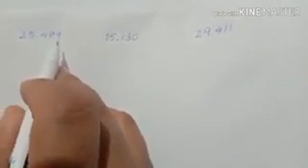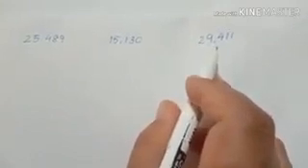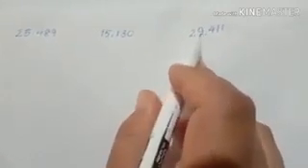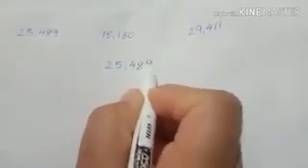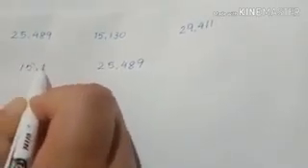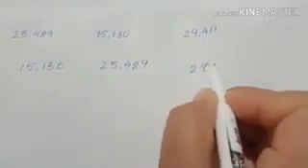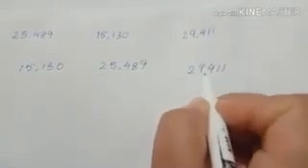Therefore, you can notice that 25,489 is more than 15,130 and it is less than 29,411. Therefore, what you can decide is 25,489 is in between 15,130 and 29,411.